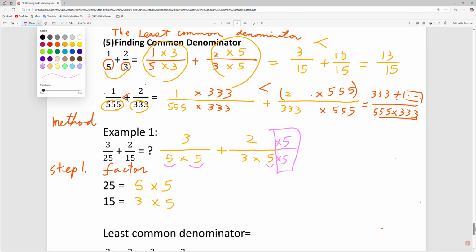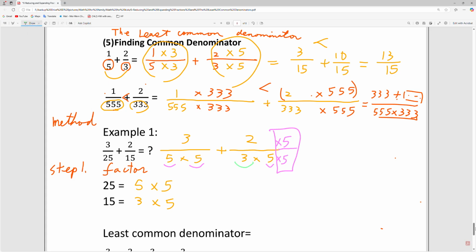Another situation is you have 3 here, but you don't have 3 here, so you multiply by 3. Same thing, when you multiply by 3 to the denominator, you need to multiply by 3 to the numerator. Okay, now after that, we can calculate.